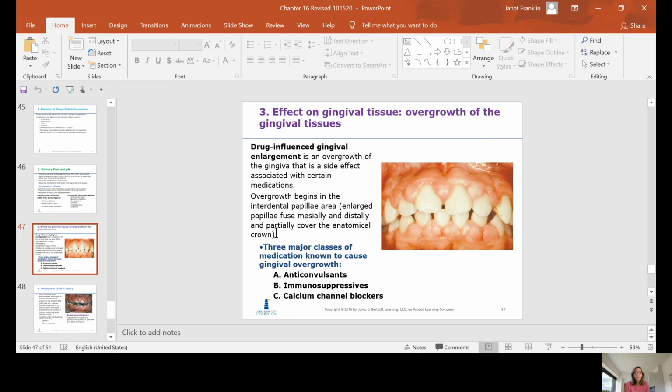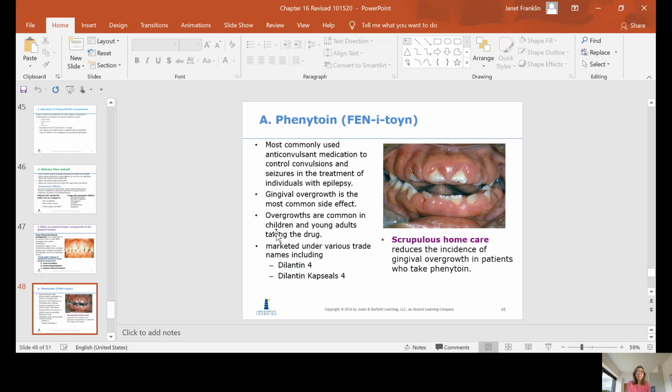Anticonvulsants are medication taken for convulsions or seizures. Immunosuppressives are medications that patients often take when they've had a transplant of some kind, an organ transplant. And calcium channel blockers are a category of blood pressure medicines, very common.